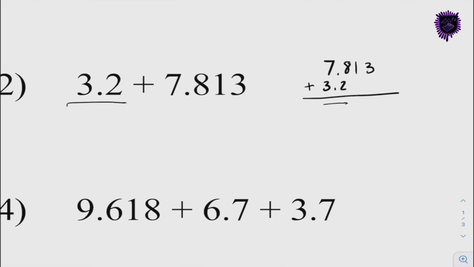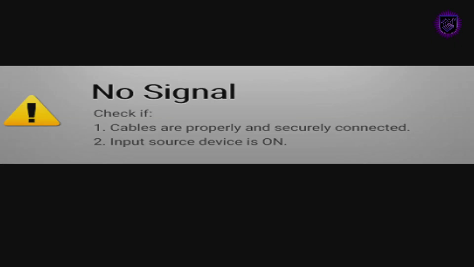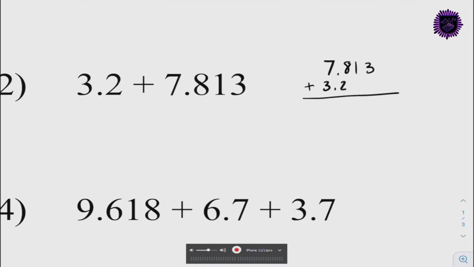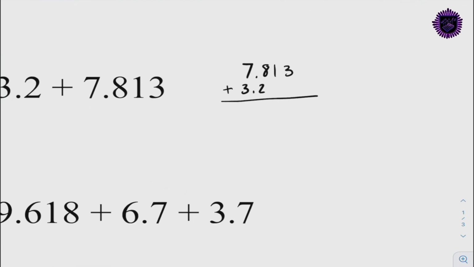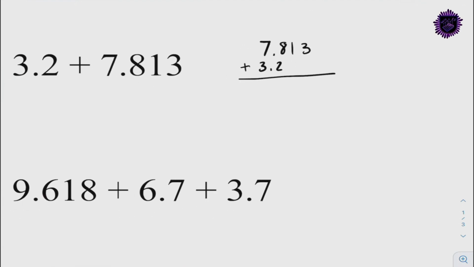My numbers are correct. Sorry, my screen went to sleep here. Want to make sure they're in correct order and they are copied correctly. And then once they're there, we can start adding them up.